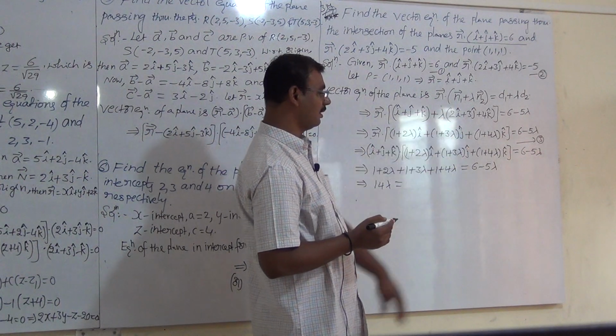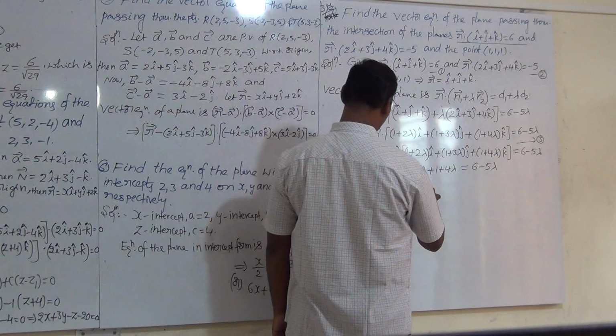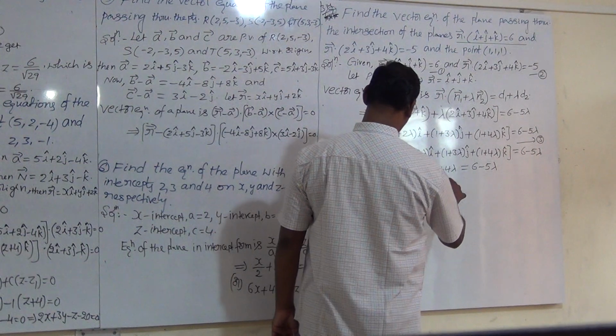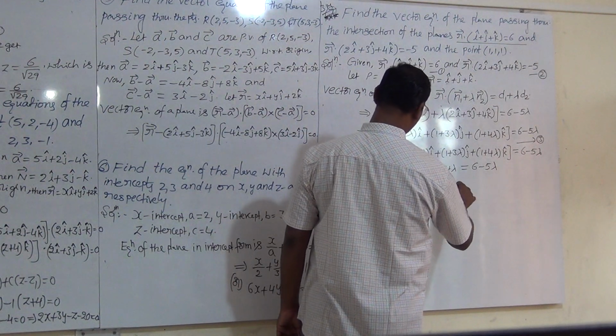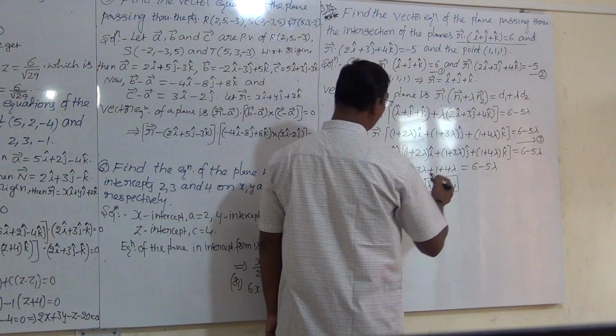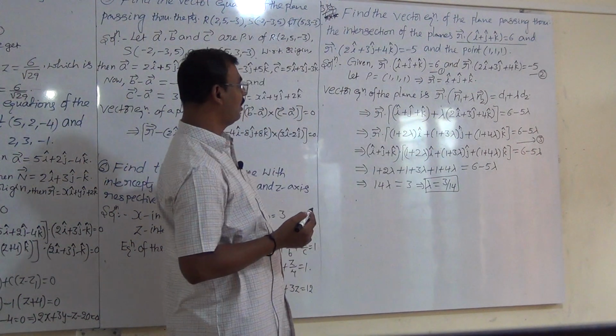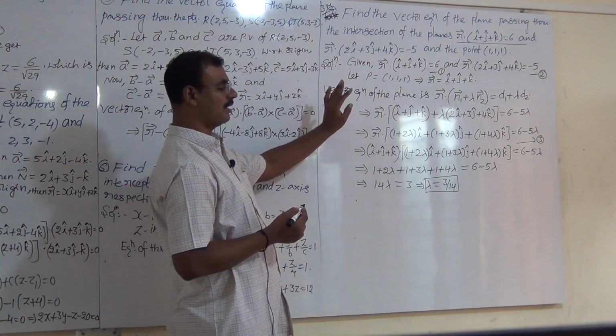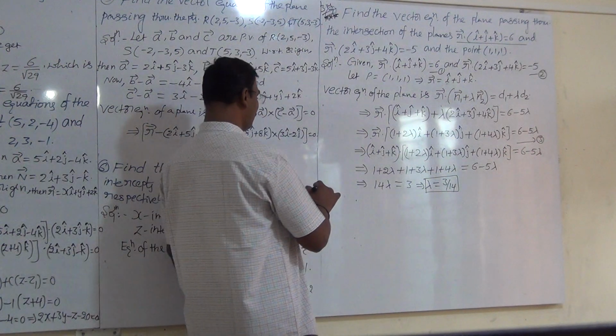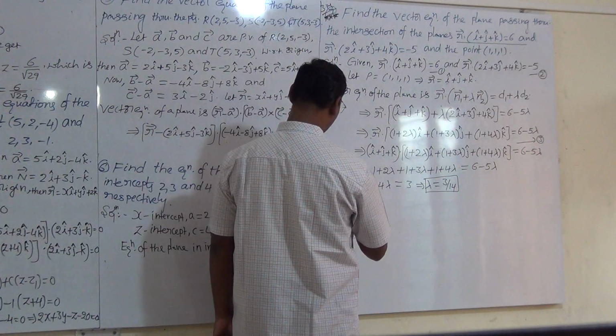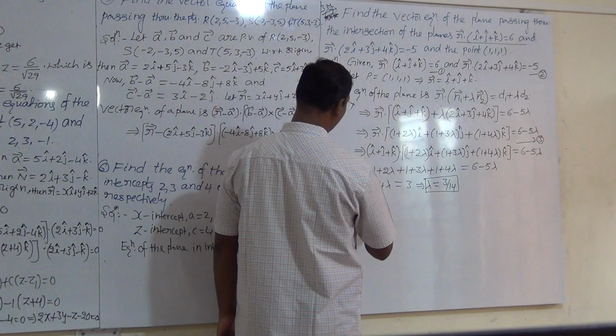Taking it to the right side, 6 minus 3 is equal to 3. This implies lambda is equal to 3 upon 14. Where do you substitute this lambda? Substituting in equation number 3 only.